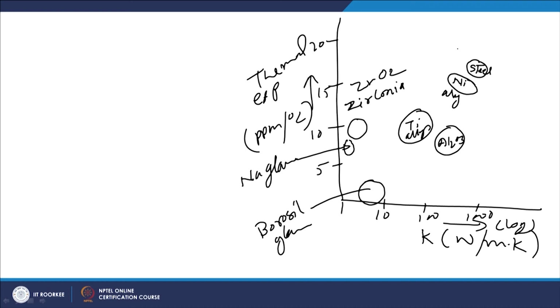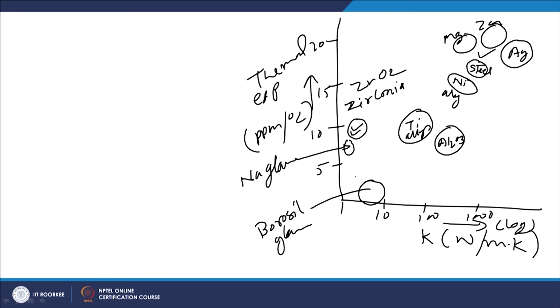Further on the higher side of thermal expansion coefficient we have Mg alloys, and we also have the zinc alloys, and even higher thermal conductivity is with silver. So, this is the kind of mapping: the steels offer higher thermal expansion coefficient as well as higher thermal conductivity. So, application of zirconia, having very low thermal expansion coefficient and thermal conductivity, is suitable.